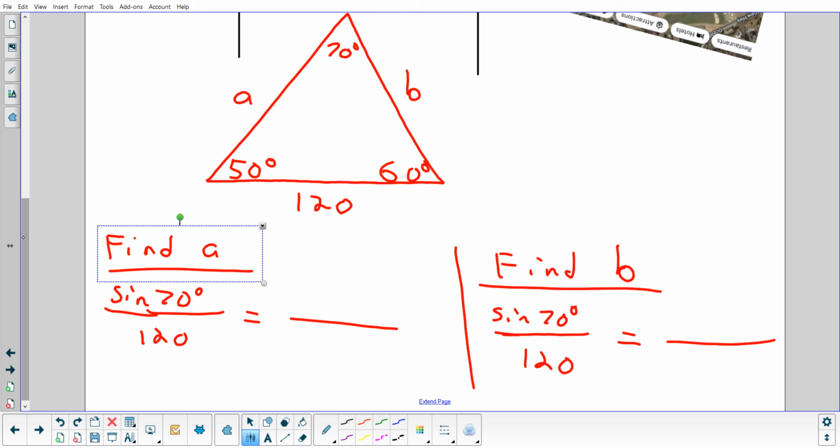What angle am I going to use to find A? Yeah, 60. Always use the one that's across. Sine 60 over A. Okay, we'll solve that in a second. And what angle am I going to use to find B? Yep, 50.